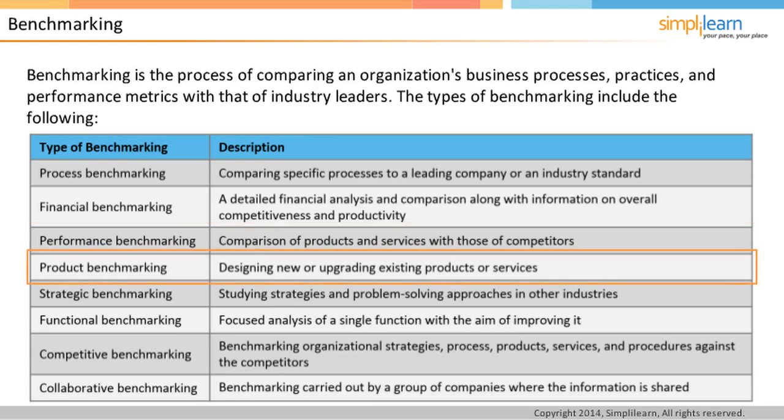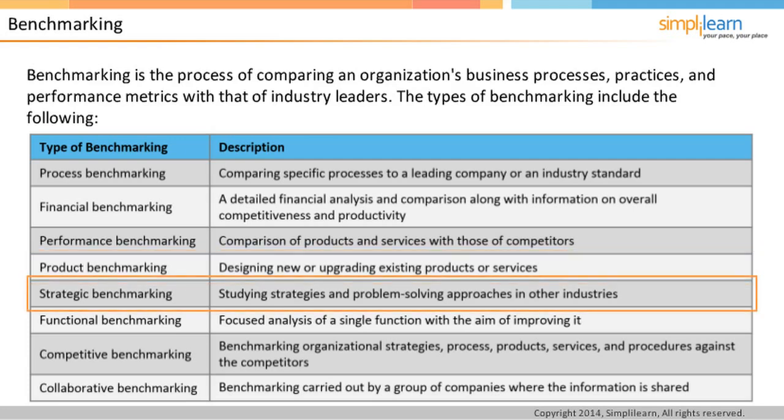Product benchmarking involves designing new products or services or upgrading existing products or services. This can involve reverse engineering a competitor's products to study the strengths and weaknesses and modeling the new product on these findings. Strategic benchmarking refers to studying strategies and problem-solving approaches in other industries.